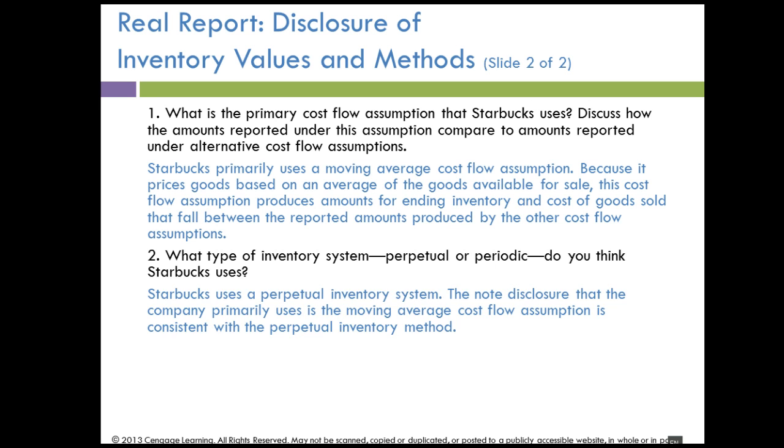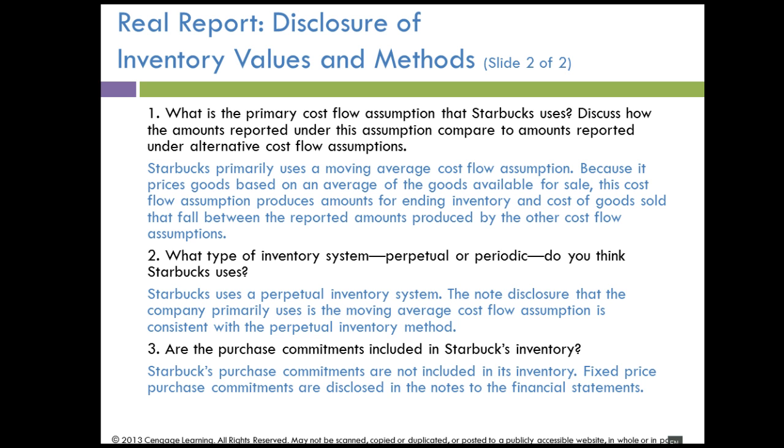What type of system does Starbucks use? They use a perpetual system. And we would know it's a perpetual system because of the moving average. Moving averages can only happen in a perpetual system. Now, their purchase commitments, as we talked about earlier, will not be included in their inventory. They are disclosed in the financial statements.